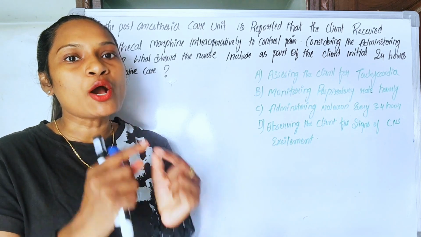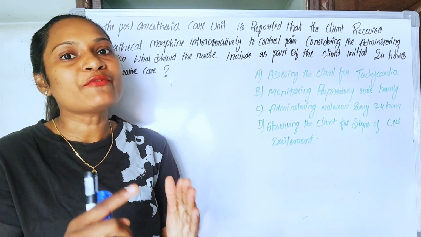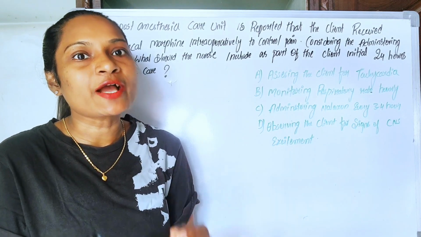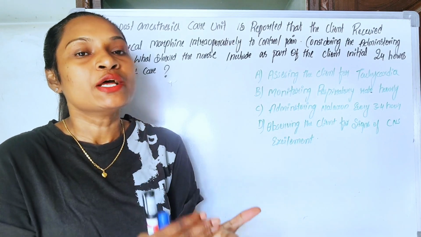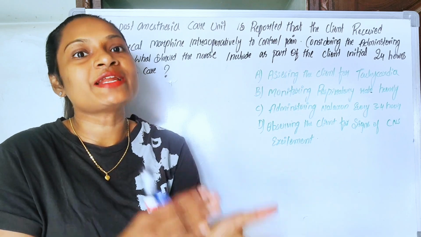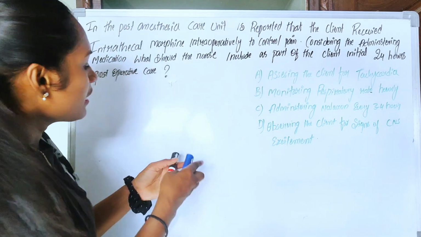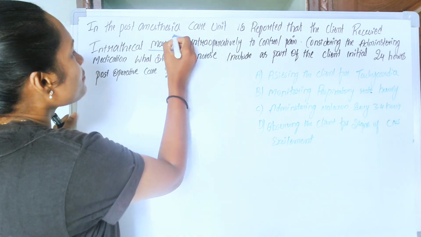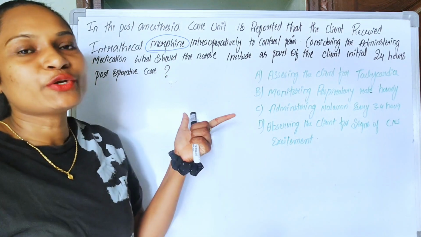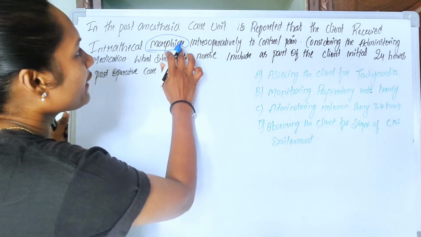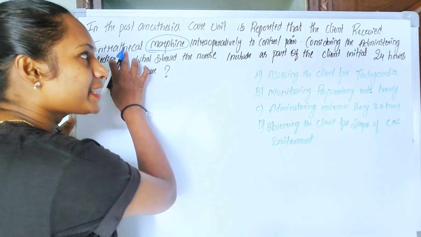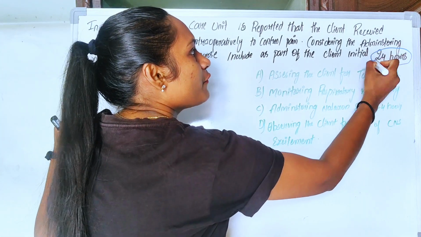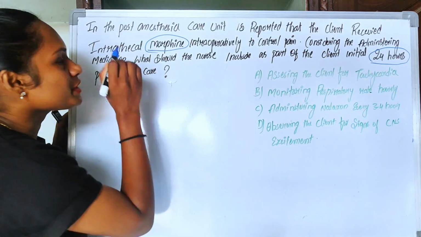How will the nurse plan within the first 24 hours to observe the medication effects? So the first main thing is the drug morphine we need to focus on. Morphine went intrathecally and we need to observe for a 24 hour post-operative period.